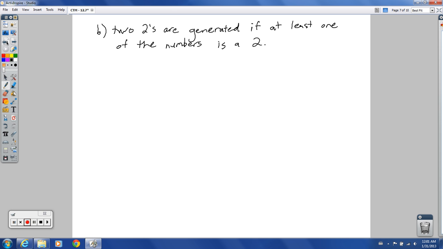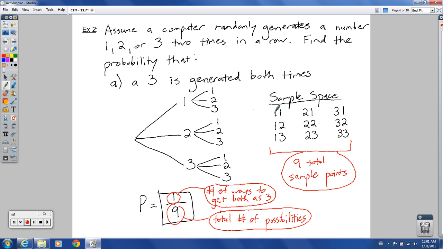So let's go back to our tree diagram, and you don't have to circle things here, but I'm going to look at my sample space and see where I have at least one of the numbers being a 2. So I have 1 here, then I have 2, 3, and 4 here, and then I have a 5th one there. So it looks like I have 5 different choices to pick from. This is saying given that this is the case.